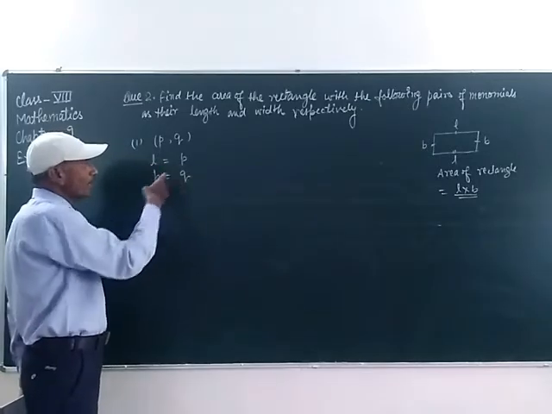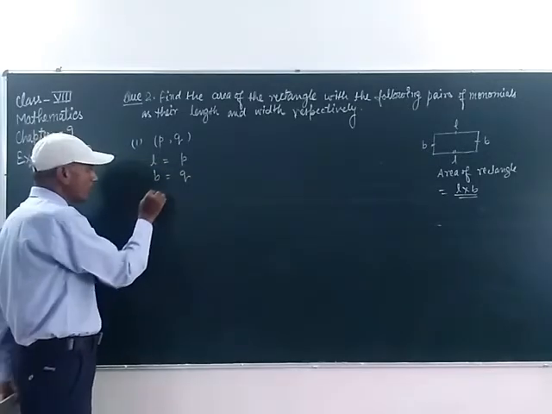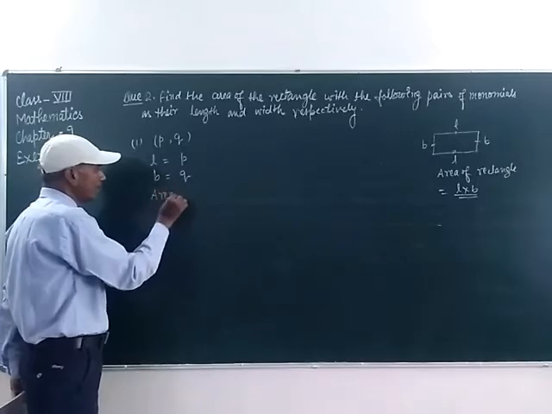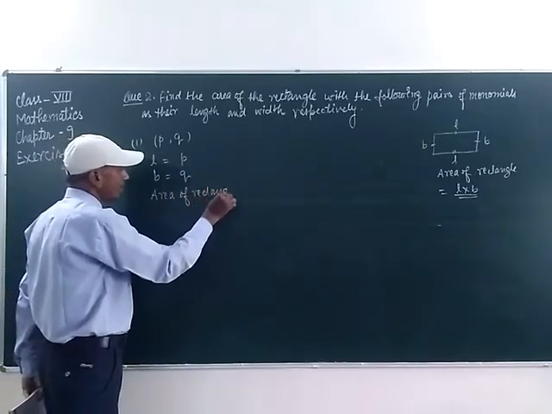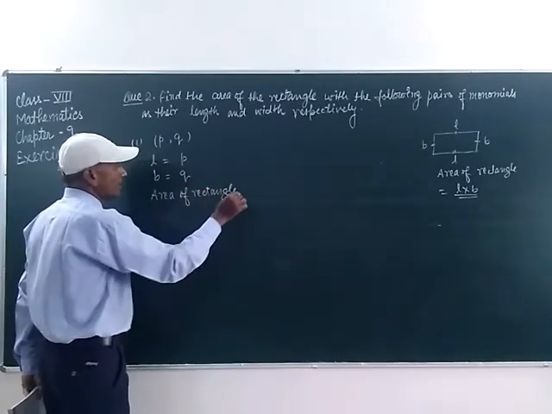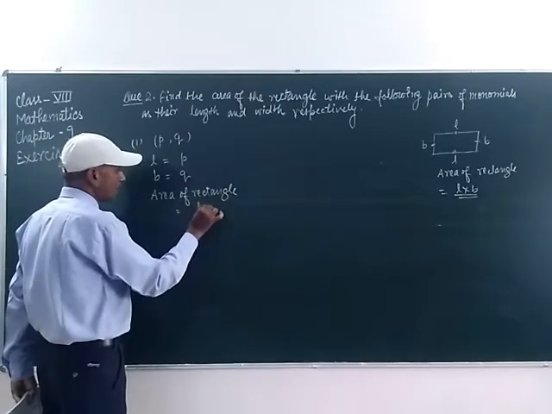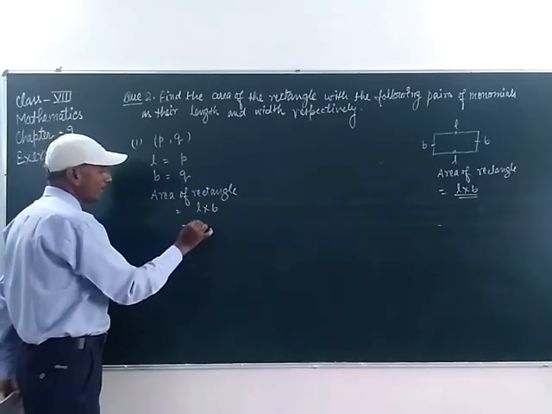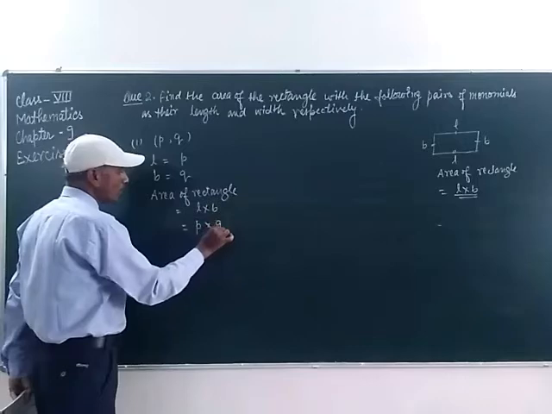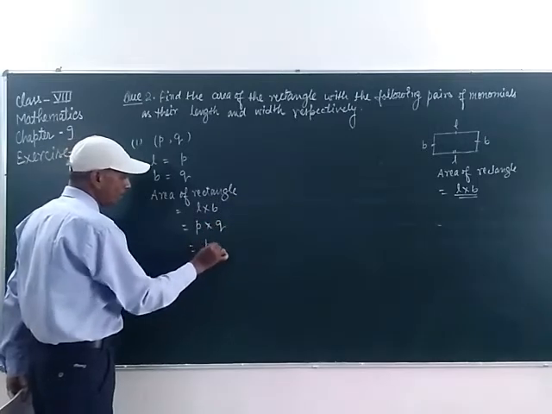Length is p and width is q. So the area of the rectangle is equal to L into B, which is p into q. So it will be pq.